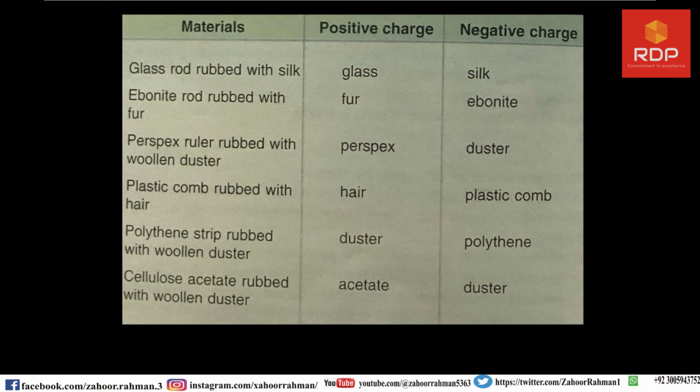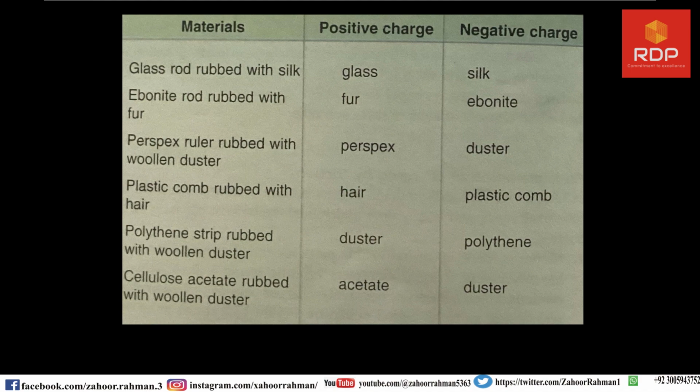The table shown here summarizes the charges produced on some common materials due to the friction process, and that is very important, dear students, because we must understand which one is becoming positively charged and which one is becoming negatively charged.